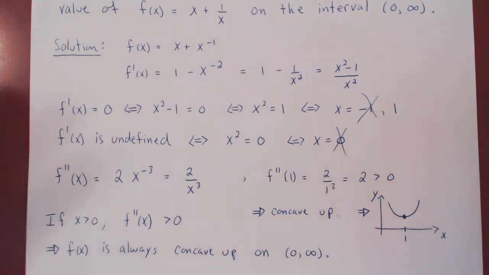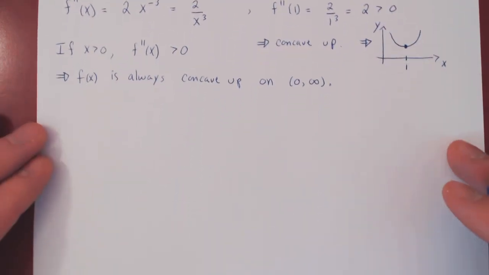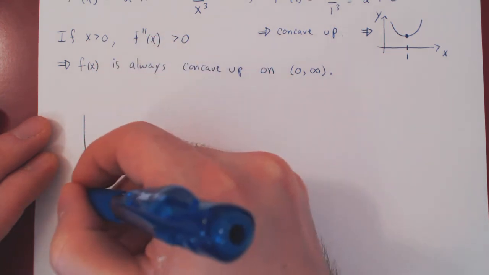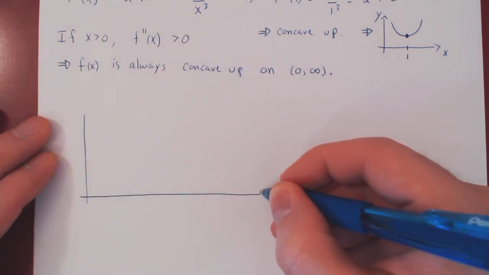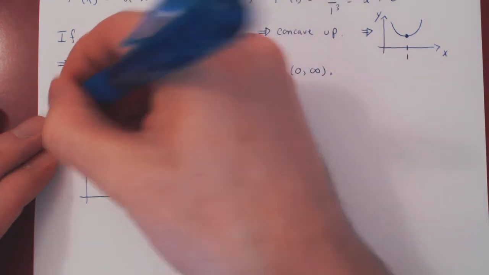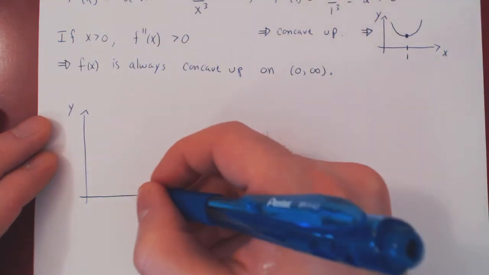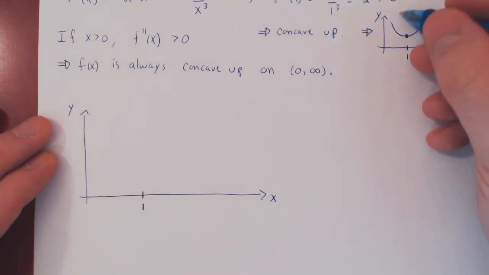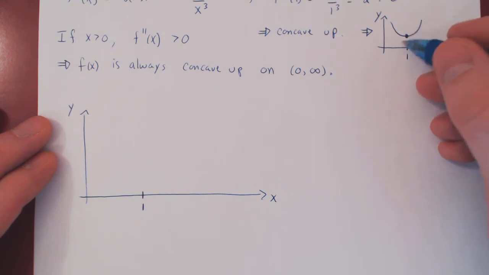Alright, so let's put what we have so far in a slightly larger picture. We are considering only non-negative values of x. We know that at x equals 1, we have a local minimum at least around 1.